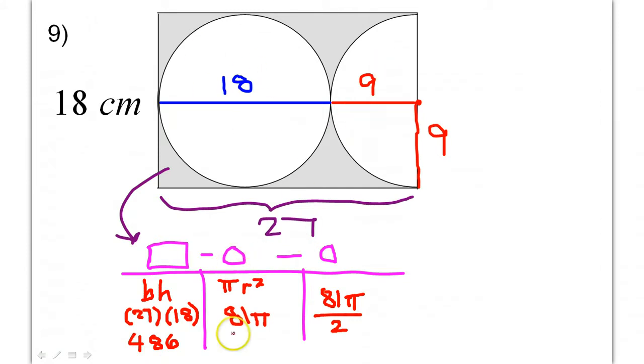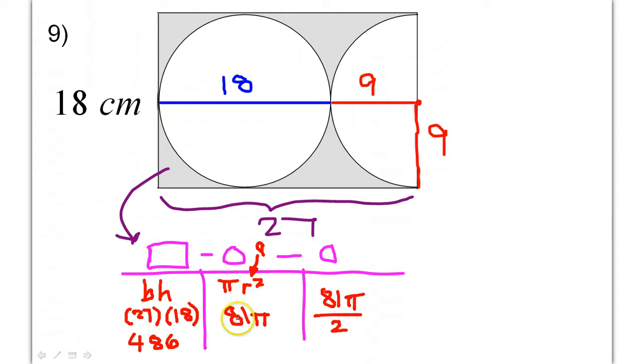Okay? So this part in the middle, that's the circle. Okay? That I'm going to subtract. Area of a circle is pi r squared. Right? So this circle, what's r? 9. Okay? So that's why I took 9, and I put it in for r.